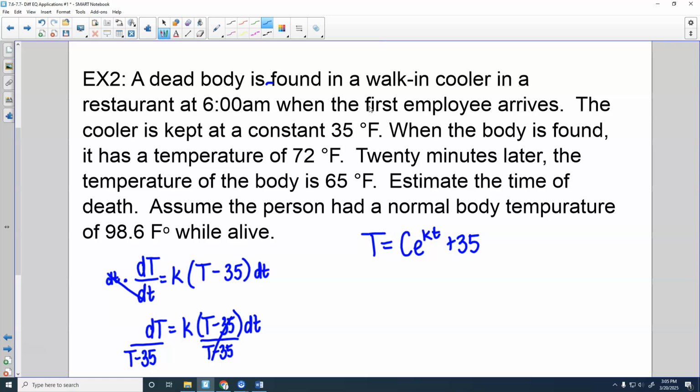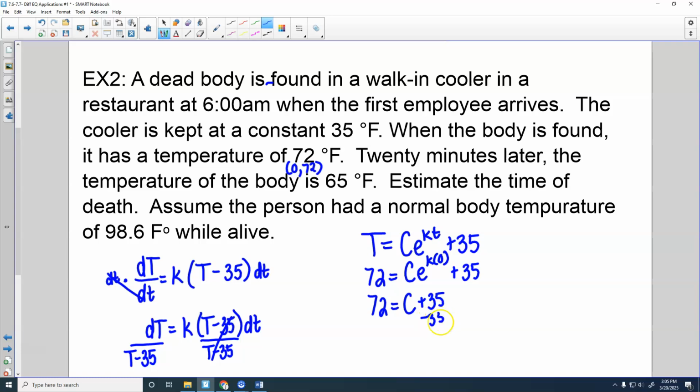So we're going to go with the moment they're found as our initial time. The moment they're found is T equals 0, so this is the point (0, 72). We have 72 equals C e to the k times 0, plus 35. k times 0 is just 0, e to the 0 is 1, so you end up with 72 equals C plus 35.